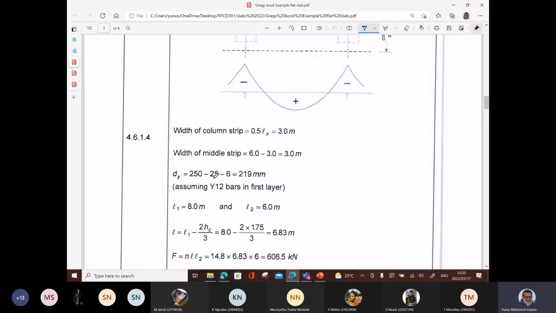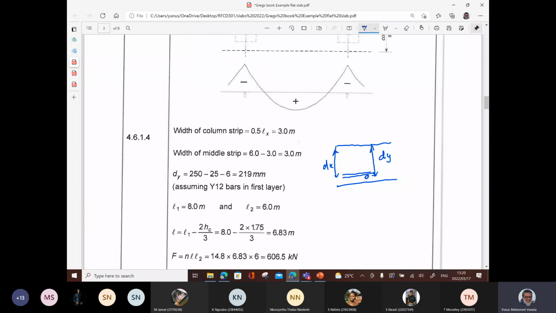You see here, this becomes the first layer at the bottom. So what we're saying is, all right, dy is this steel here. That's dy, and dx is going to sit on top of that. So dx will be that one. Do you follow?